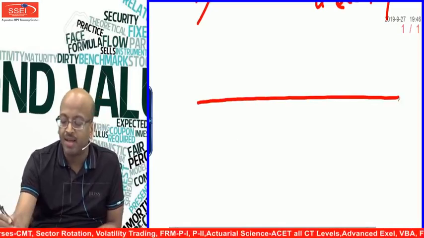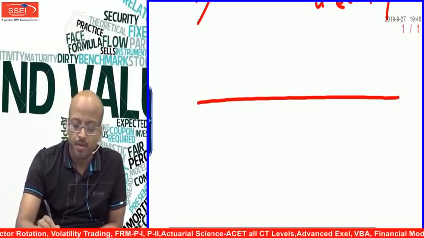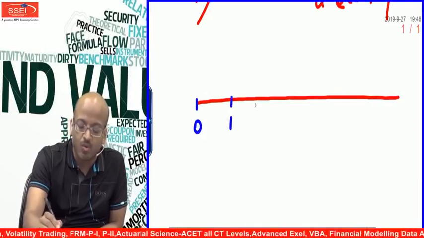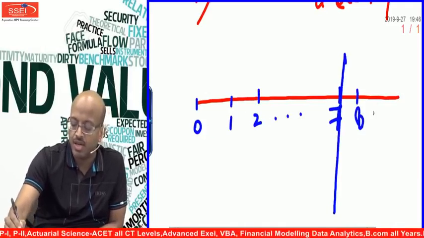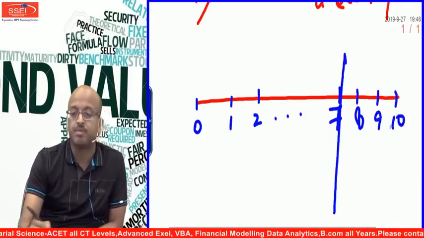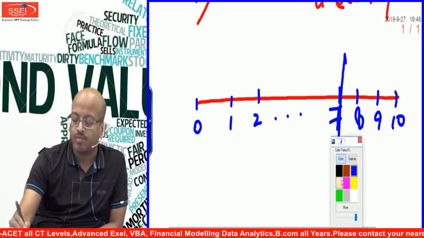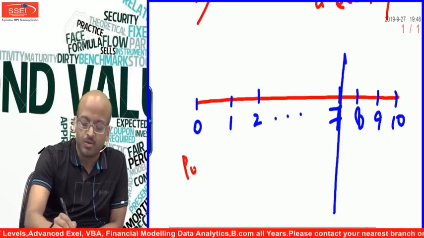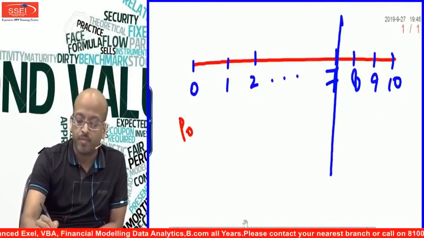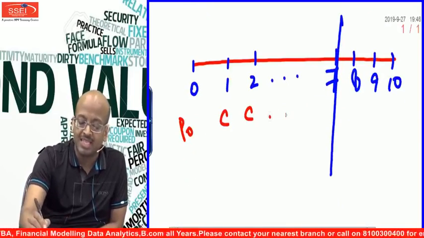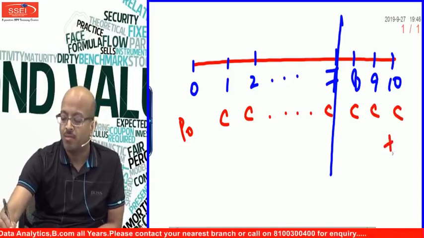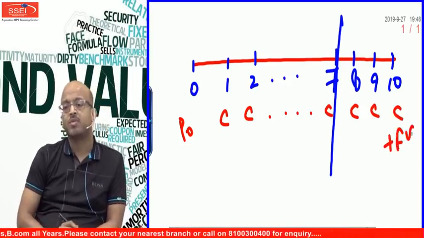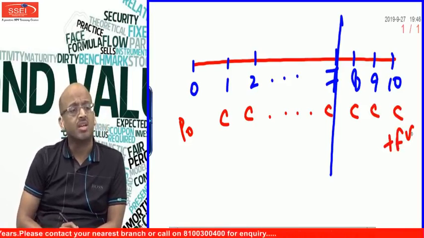Please draw the number line. Mark 0, 1, 2, 7, 8, 9, 10. P0. C, coupon plus face value. I hope this is okay with you?